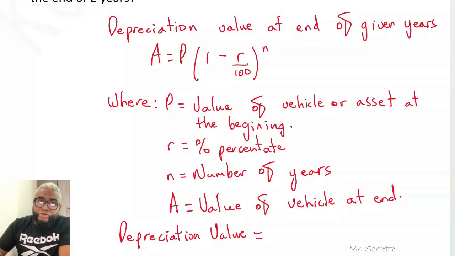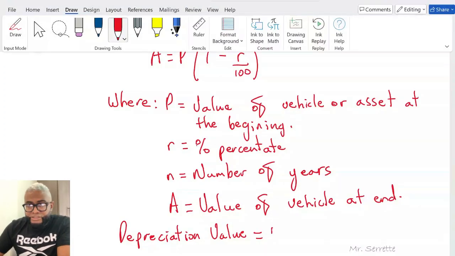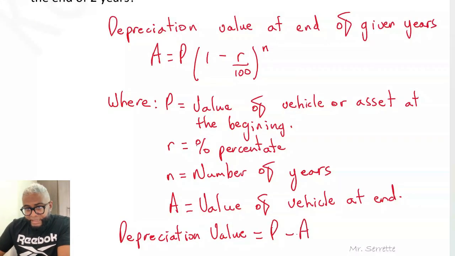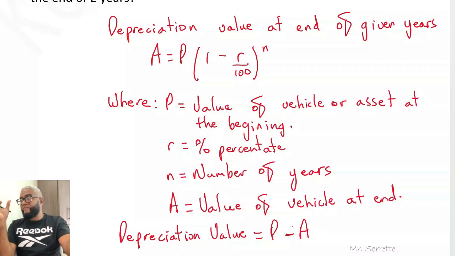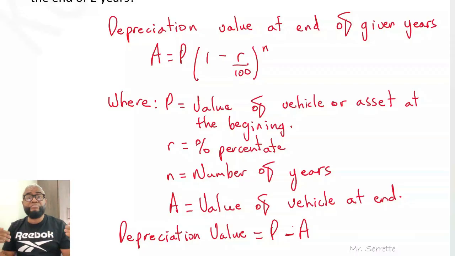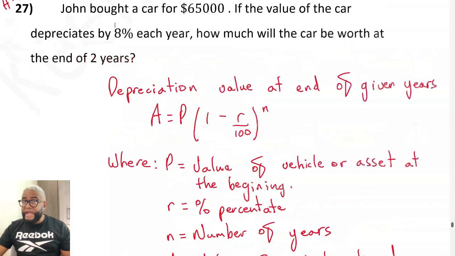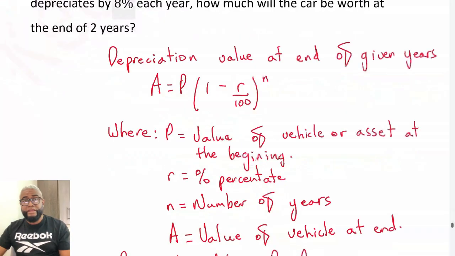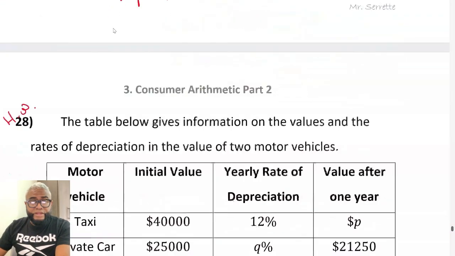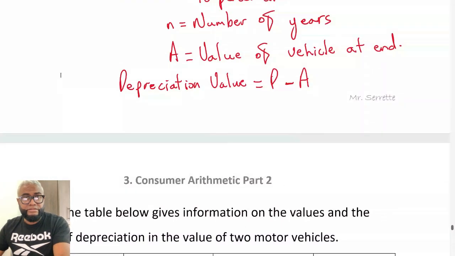So it's going to be the P minus the A, right? P being the value at the beginning minus the value at the end will tell me how much my vehicle went down by, which is the depreciation value, okay? Everybody clear there? This question asks how much will the car be worth at the end of 2 years, okay? So we're going to work that now. Let me send these down.